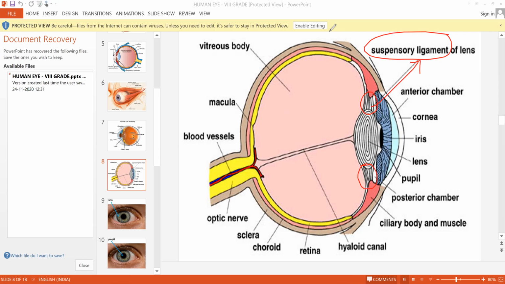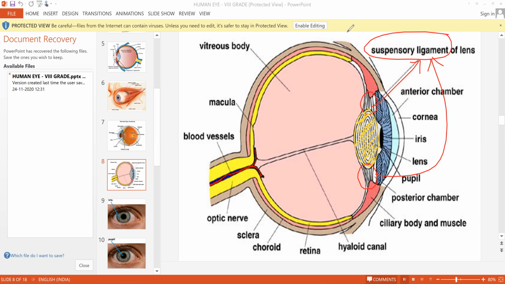Suspensory ligaments. Okay. So the function of these suspensory ligaments is they will hold the lens. There is one lens here. I'm drawing with some other color. Please see. There is one lens here. This is all lens.